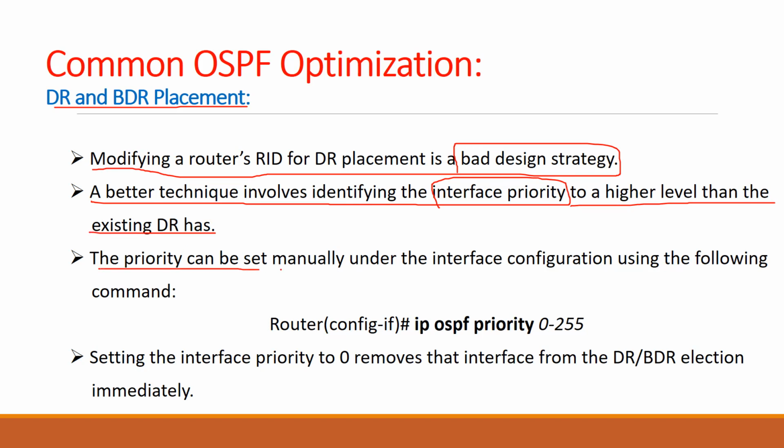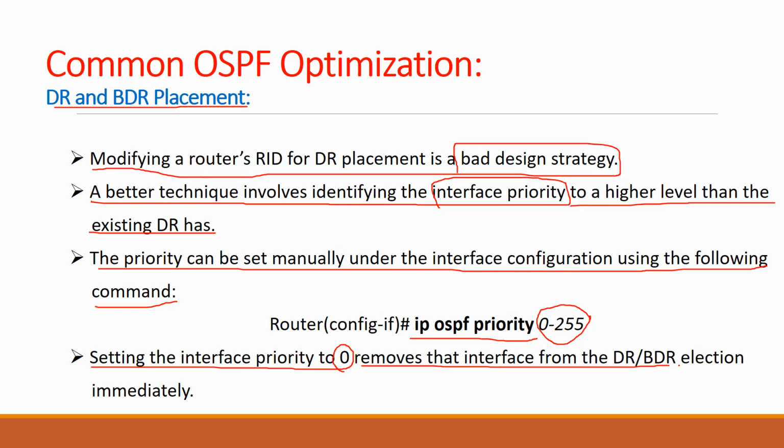The priority can be set manually under the interface configuration using the command ip ospf priority, and give it a value from 0 to 255. And remember that setting the interface priority to 0 removes that interface from the DR-BDR election immediately.